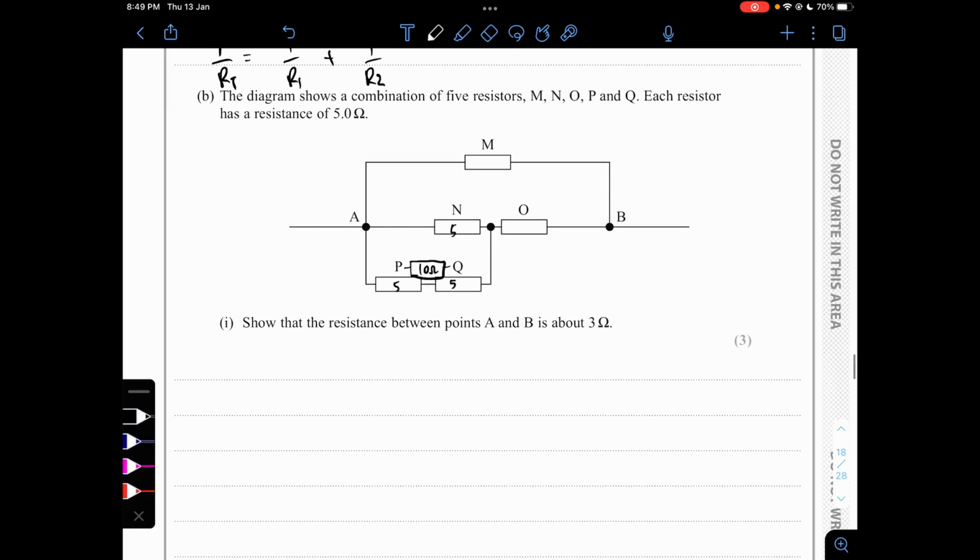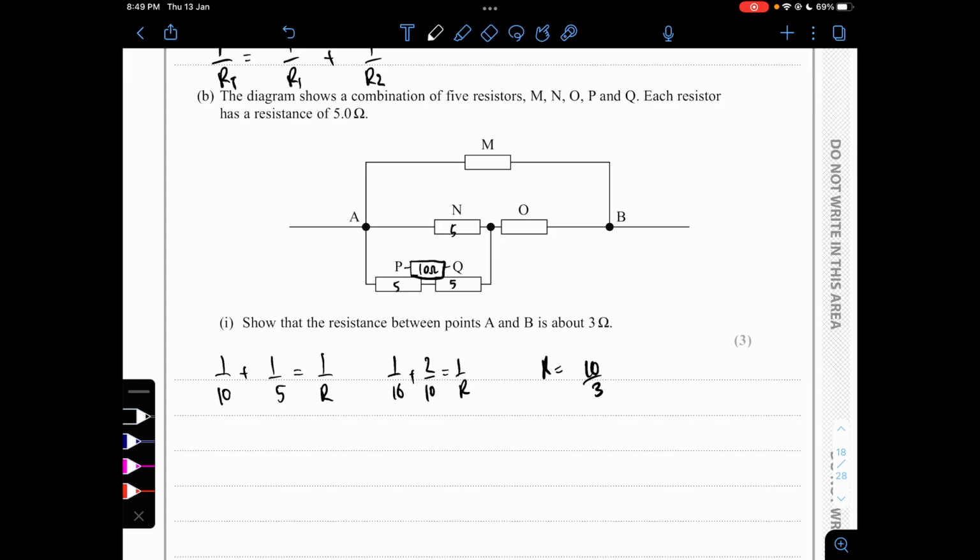So this would be 1 over 10 plus 1 over 5 equals 1 over R. Sorry, that would be the other way around. That would be 1 over 10 plus 2 over 10 equals 1 over R. So R would be 10 over 3.